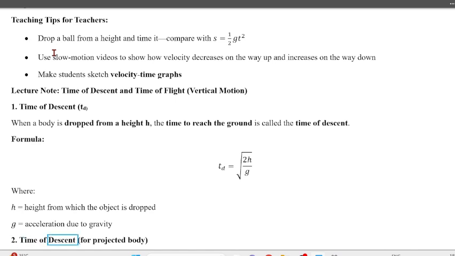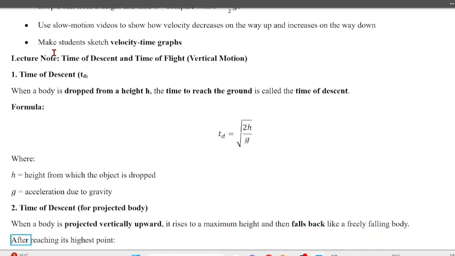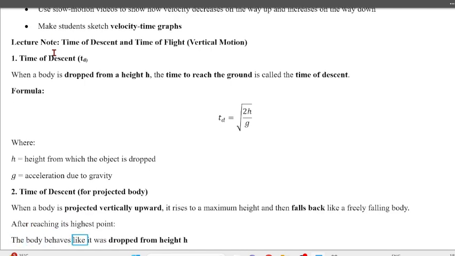2. Time of descent for a projected body. When a body is projected vertically upward, it rises to a maximum height and then falls back like a freely falling body. After reaching its highest point, the body behaves as if it was dropped from height h.